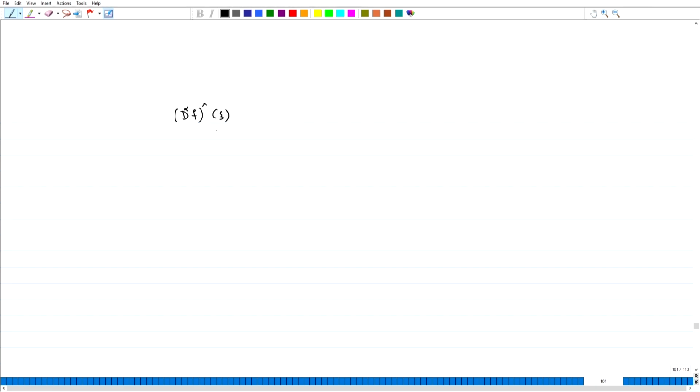So, by definition, this is going to be the derivative ∂^alpha, where we are taking alpha as a multi-index, ∂ over ∂x_1 to the alpha_1 up to ∂x_n to the alpha_n, of f.